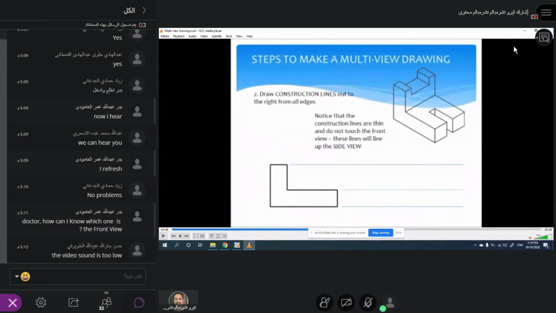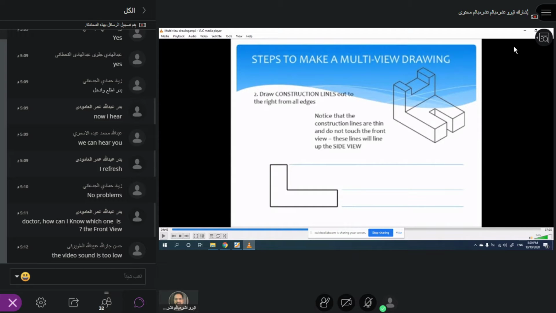And also, clearly show some gap, maybe 1 mm or more, so it does not touch the object lines. So as you see from this image, the black thick line shows the object, and the thin blue lines are showing the construction lines.